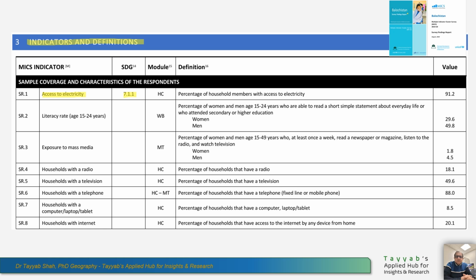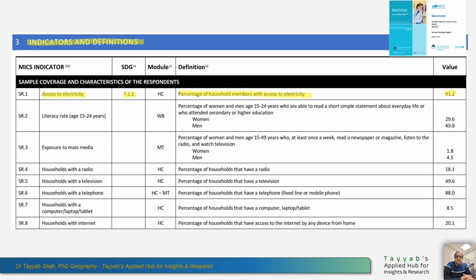So the first target and the first indicator of that target, which is access to electricity. In that case, the complete definition is the percentage of household members with access to electricity, which is 91.2% of members of the households in the survey who have access to electricity.